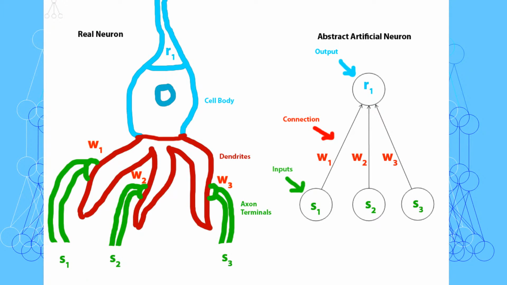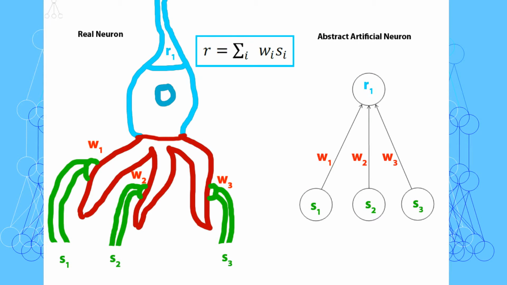So remember when I called this particular neuron linear, what I mean by that is the function we're going to use in order to get its output or its response is going to look like this. So all we're going to do is add up W1 times S1 plus W2 times S2 plus W3 times S3, and that will be our response.